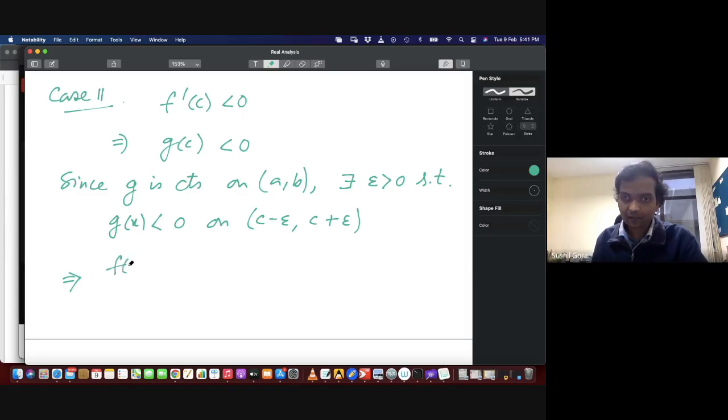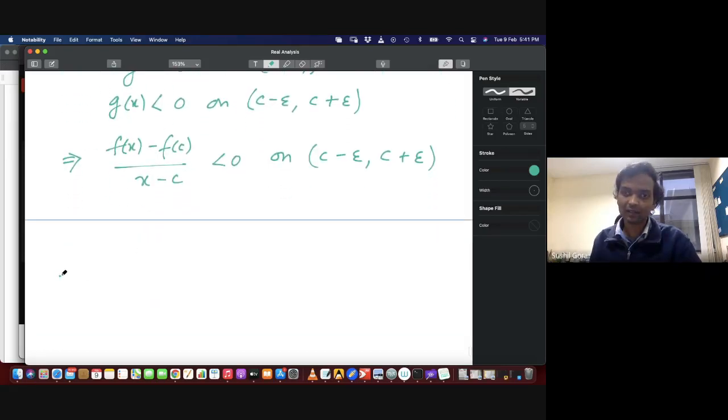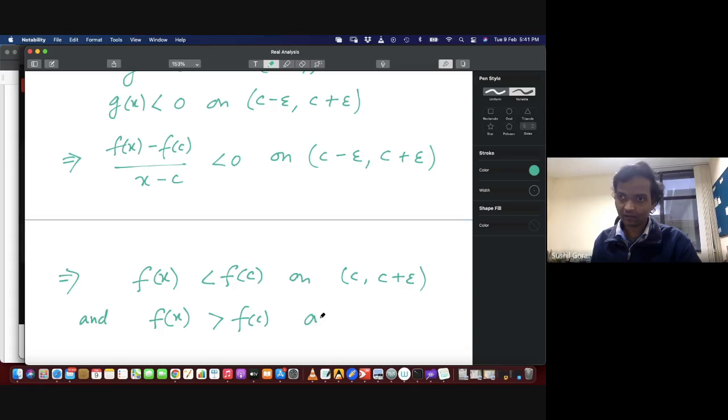So that means f of x minus f of c by x minus c is less than 0 on c minus epsilon to c plus epsilon. This implies f of x less than f of c on c to c plus epsilon and f of x greater than f of c on c minus epsilon to c.